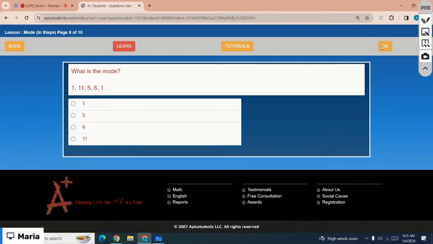What is the mod, which is the correct option? Yes, that is 1 because 1 appears two times in the given data.